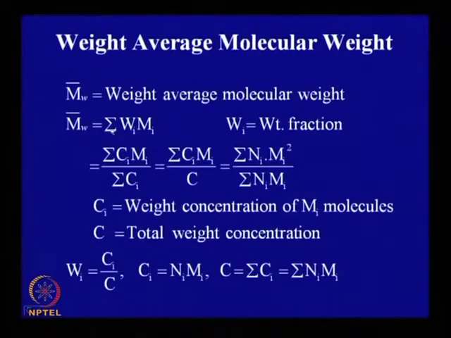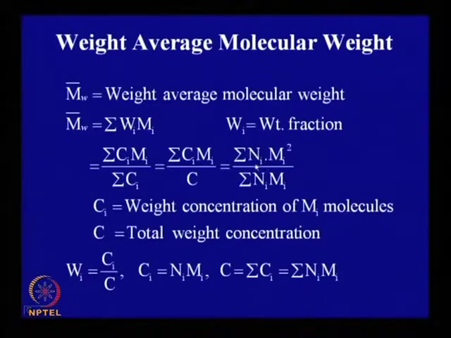It is the sum of weight fractions of the ith species multiplied by the molecular weight of that particular species. And if it is expressed in terms of concentration, then you can have this kind of relation by introducing the concentration terms of the ith species.